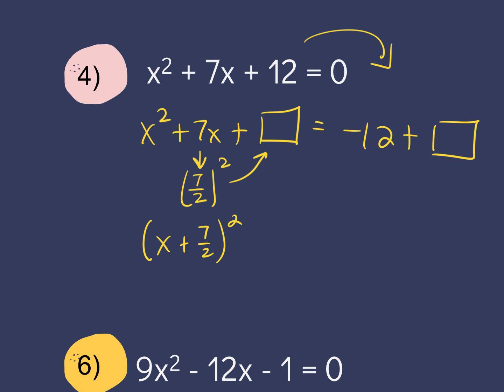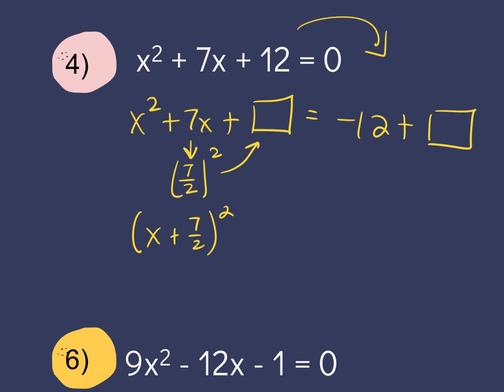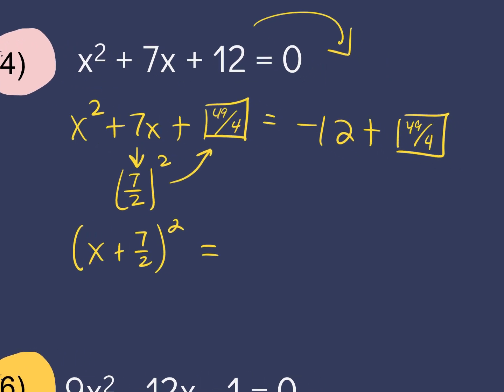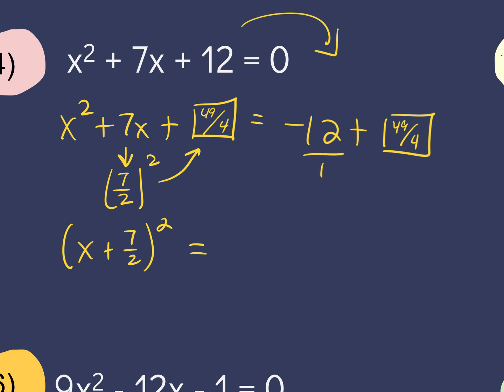What does that become? What's 7 over 2 squared? 7 squared is 49 over 4. Okay, so what you do to one side, you do to the other. You guys agree? Okay. So I have to add these two together. Do we know how to add fractions? We sure do.